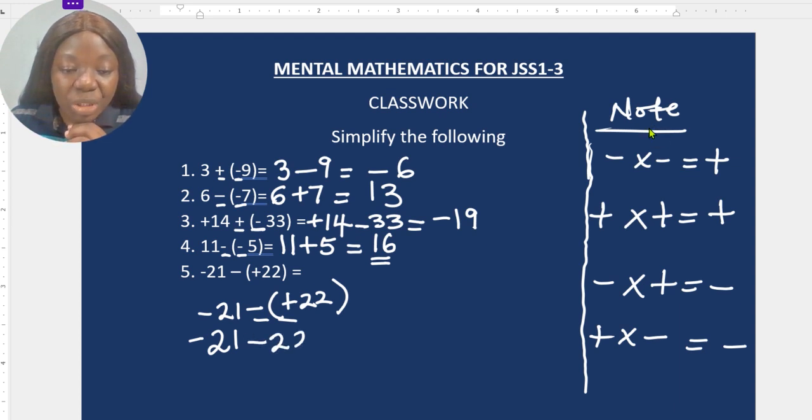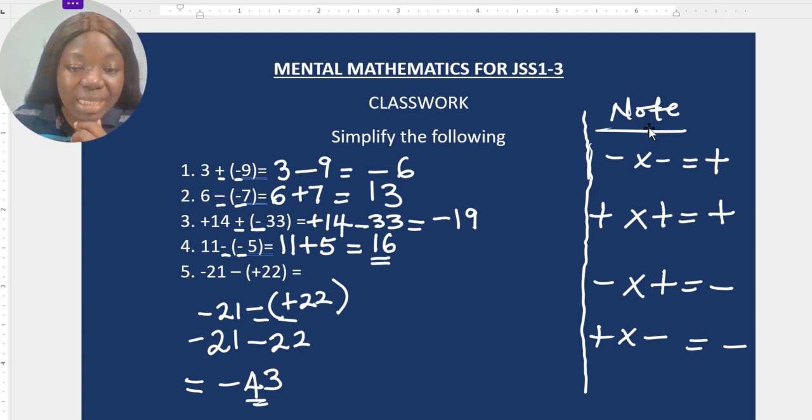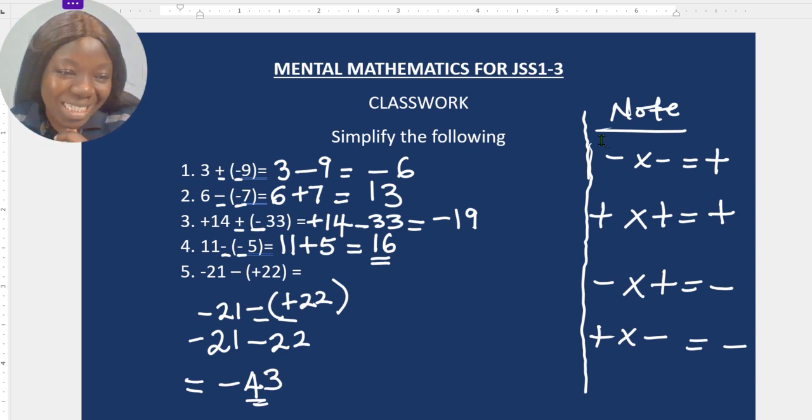Then I'll have 22 because we have opened the bracket. So minus 21 minus 22 is equal to minus 43.